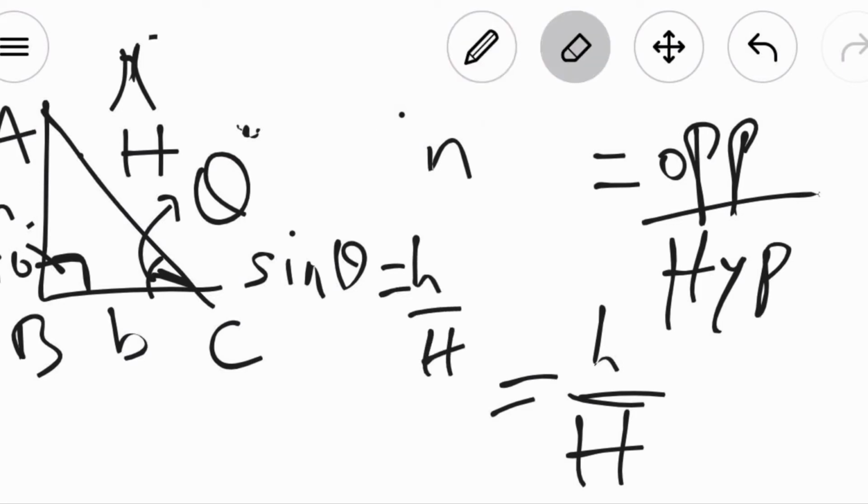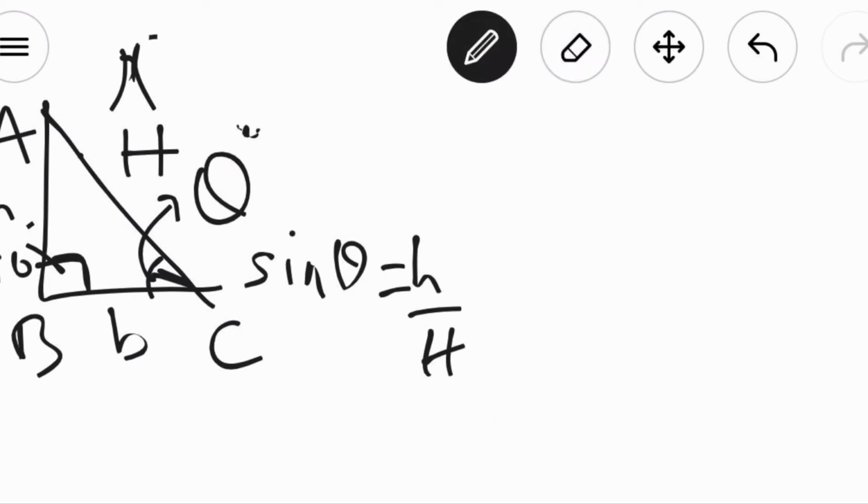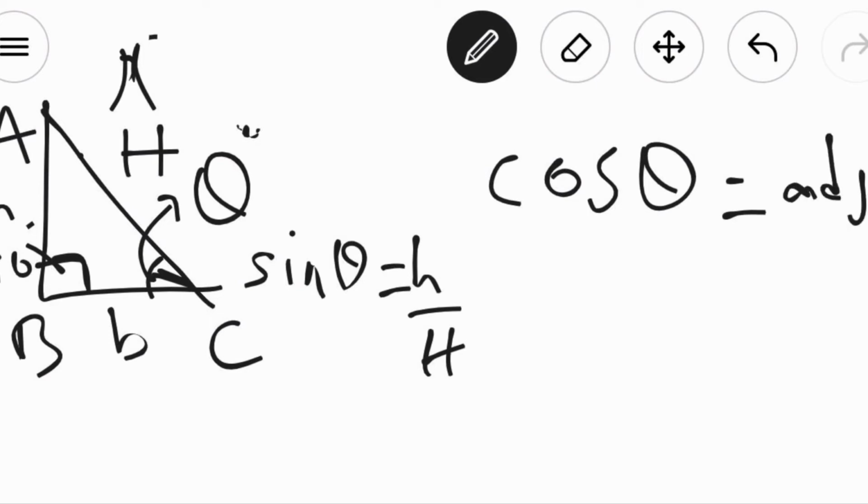Now let's move on to the second basic function, which is cosine theta, or cos theta, and that is adjacent side over hypotenuse.